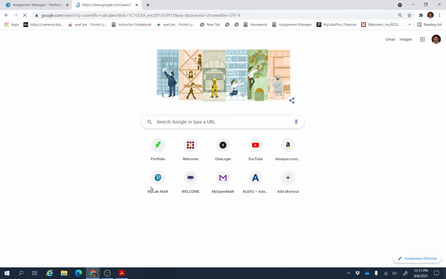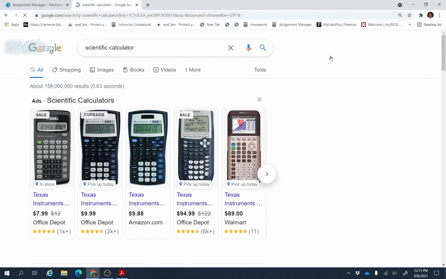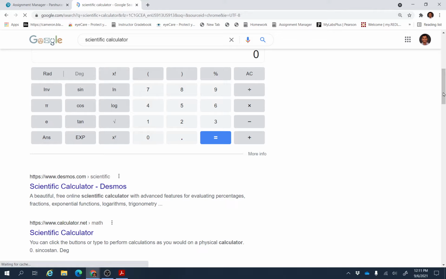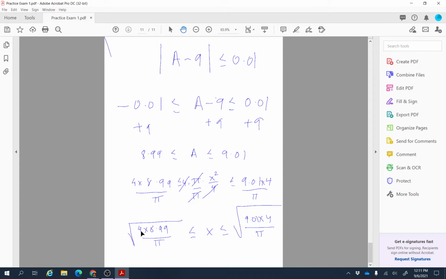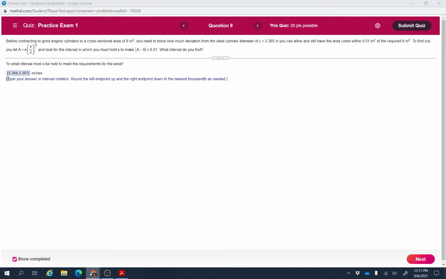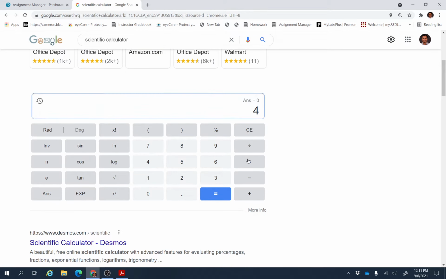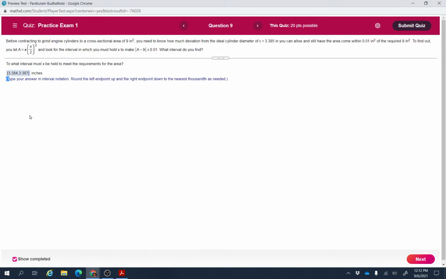And on the left side, we have 4 times 8.99 divided by pi. 4 times 8.99, divided by pi, and take the square root of that. If I do that, the answer is 3.38325.